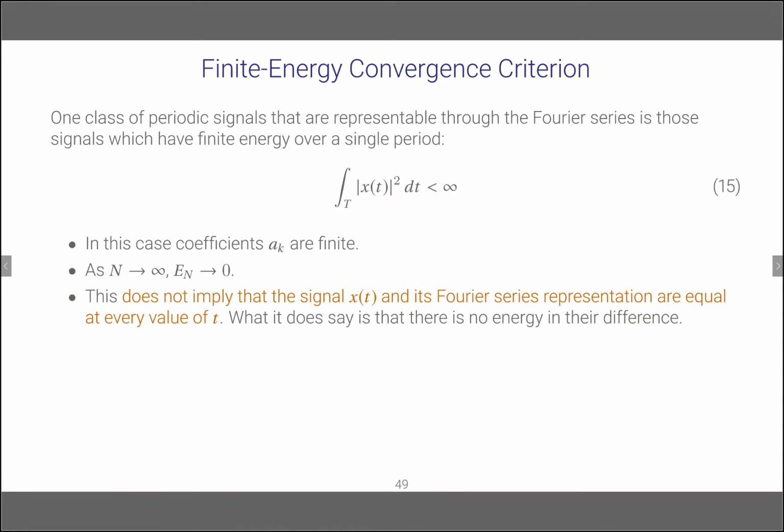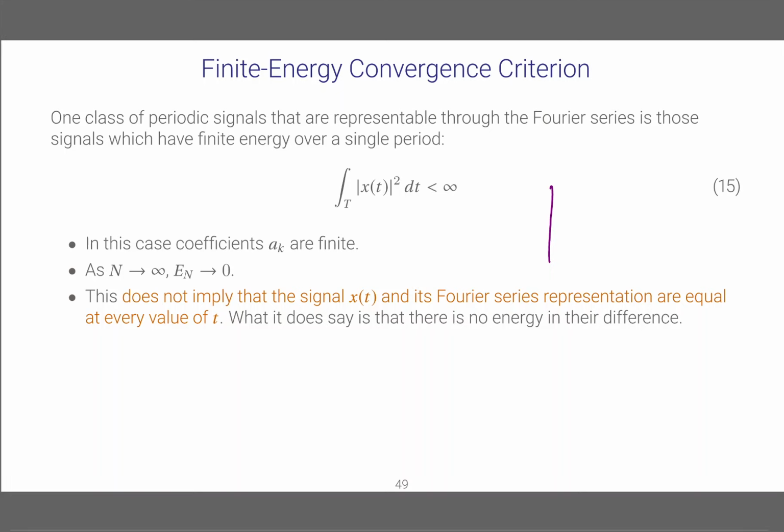This does not imply that the signal x(t) and its Fourier series representation are equal at every value of t. What it does say is that there is no energy in their difference. So if you try to construct the square waveform using the formulae that we derived, you will see that you will have ripples.